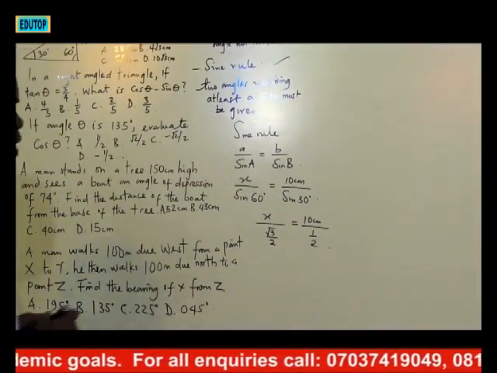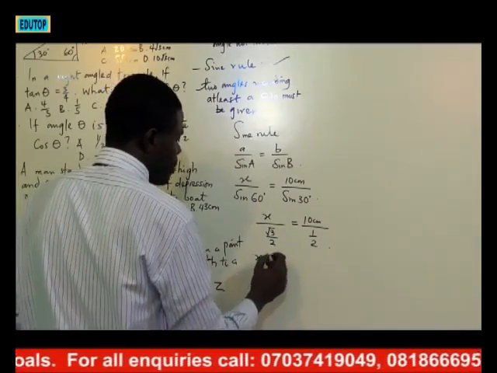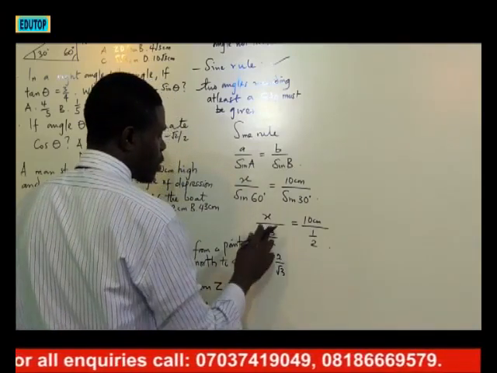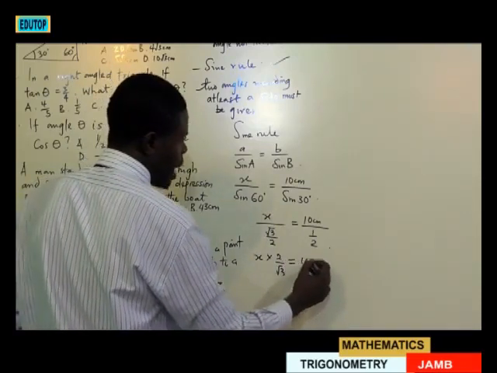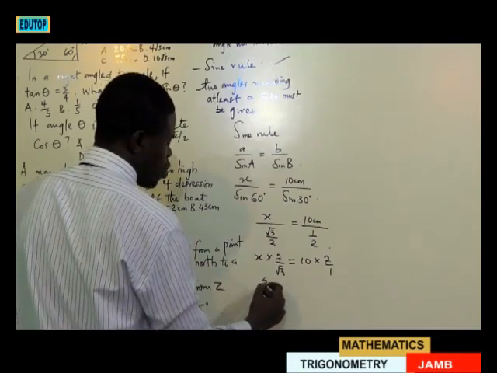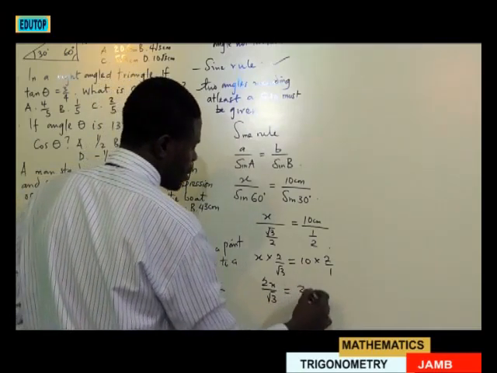So in this situation, we can now simplify this. We have x times 2 over root 3, because once this division turns to multiplication, this one will be reversed, equals 10 times 2 over 1. So 2 times x over root 3 equals 20 over 1.